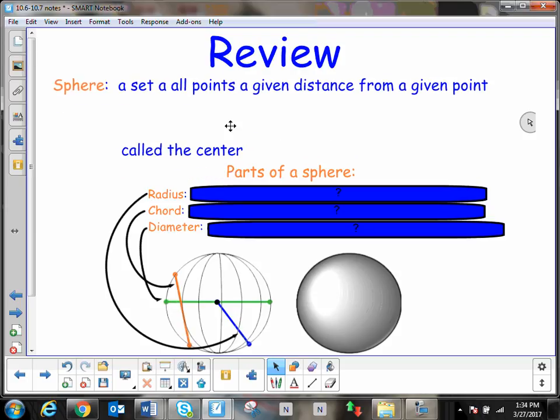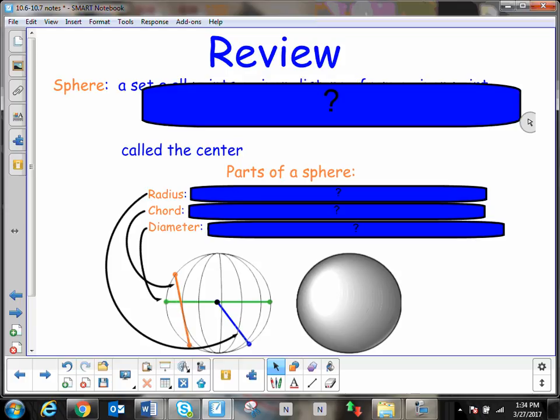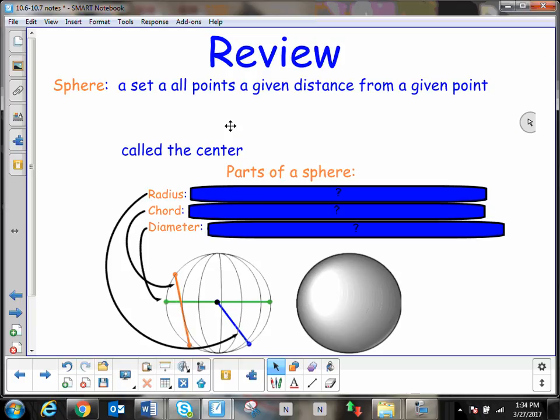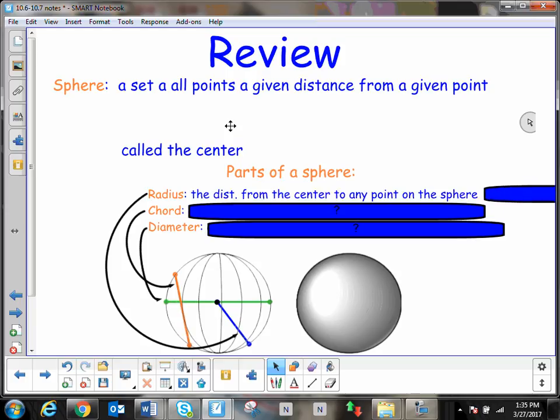And that given point is called the center. So the sphere is also going to have a radius, that's the distance from the center to any point on the sphere.